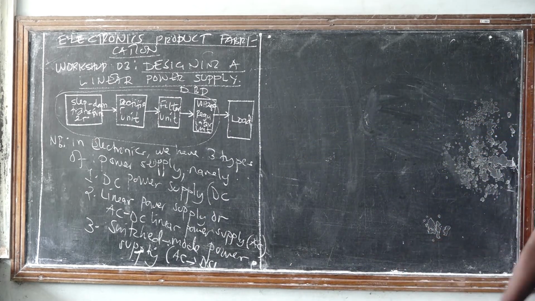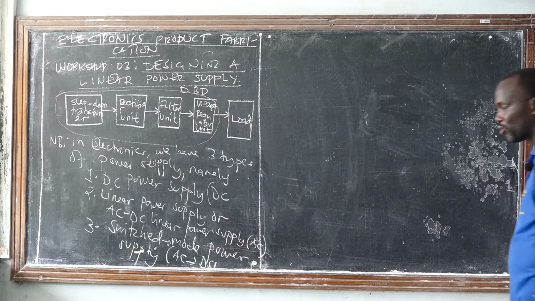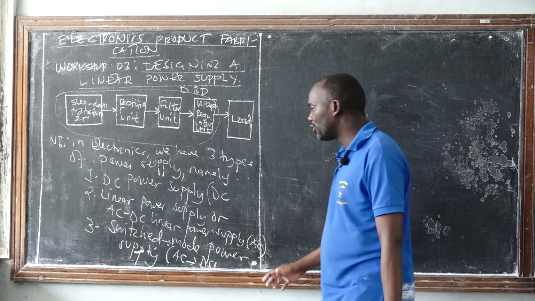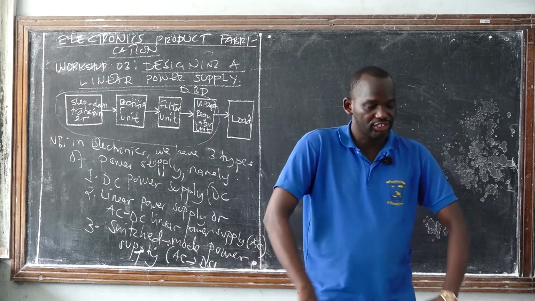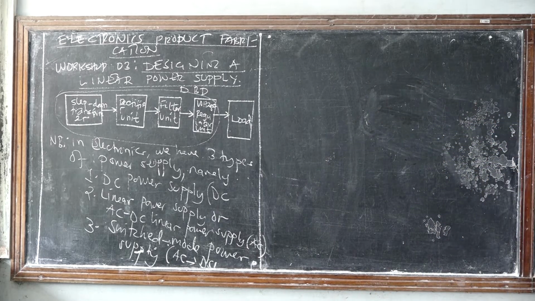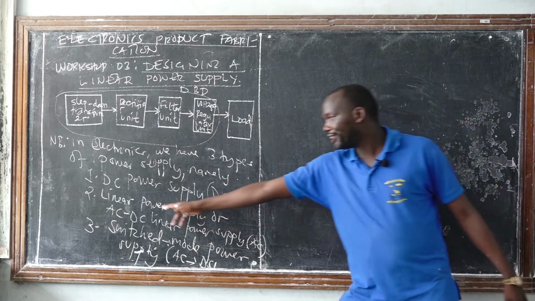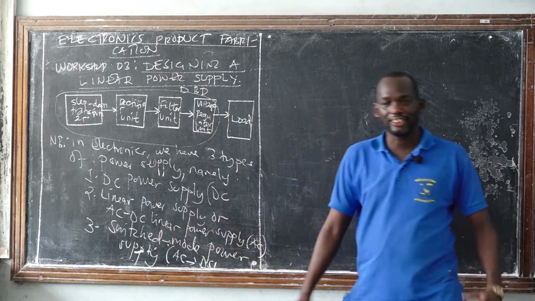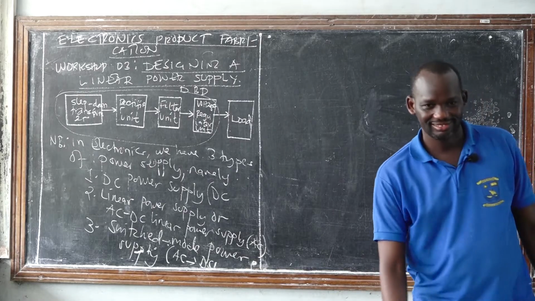In linear power supply, we just use a voltage regulator to regulate the voltage. But in the case of switched mode, we have to use MOSFET transistors in order to switch the power. That's another story. So this is the simplest, this is medium, and this is a little bit challenging.